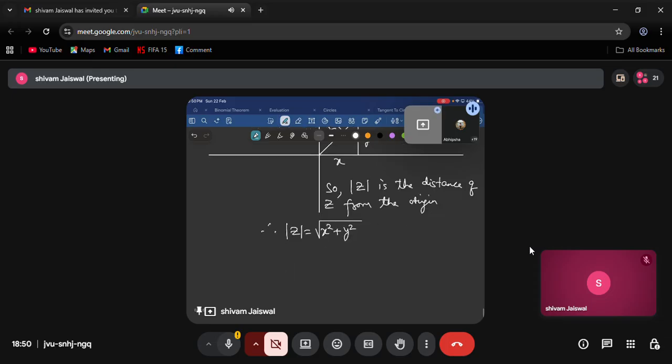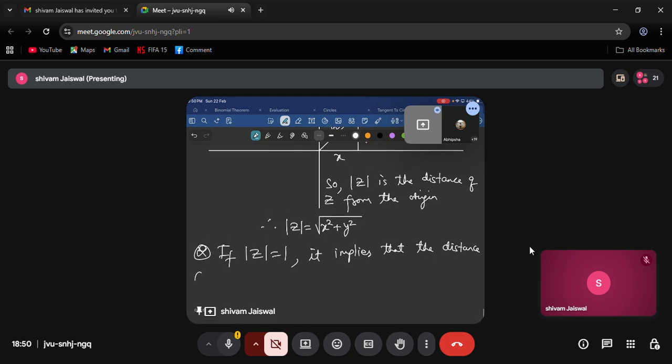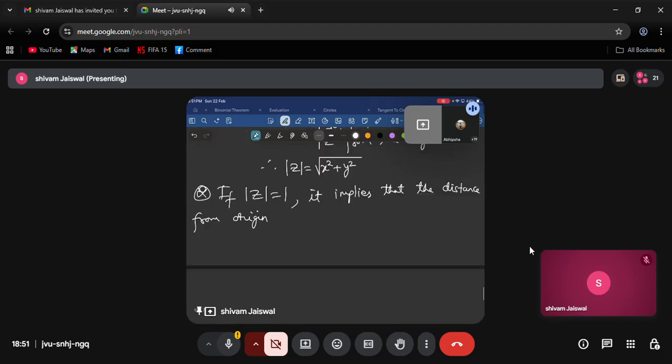Next, everyone, if I say mod z is equal to 1, what does it imply? It implies that the distance from the origin is always constant.